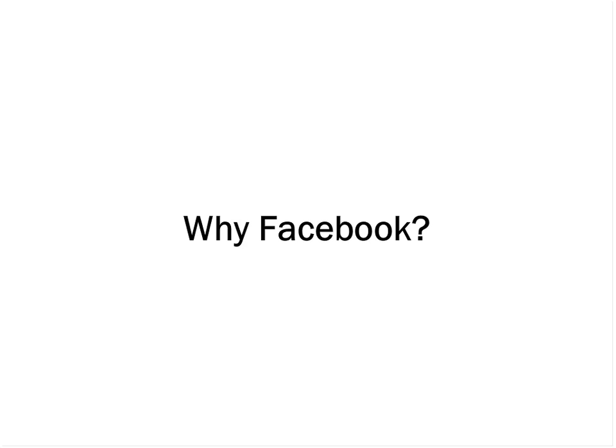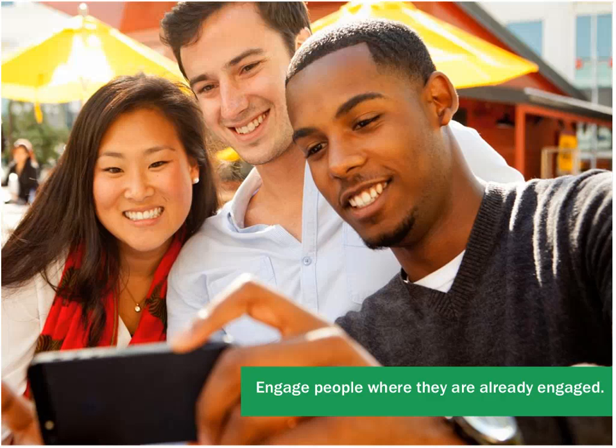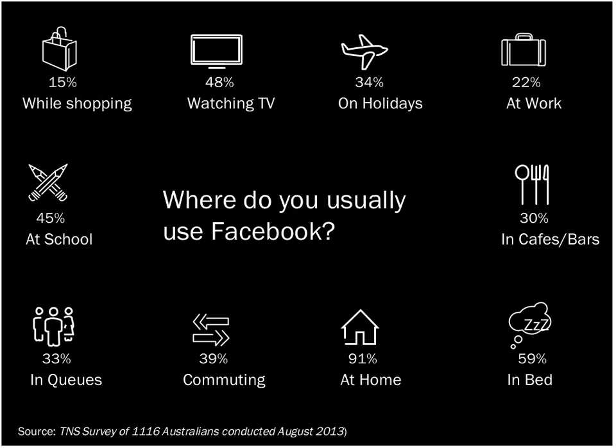So first of all, advertising strategy. So let's start with the really fundamental question, why would you do Facebook advertising? The really fundamental first place to start is engage people where they are already engaged. People are spending massive amounts of time on Facebook, as you would know. Where do you usually use Facebook? Some of these things are quite surprising. 15% of people are using Facebook while they're shopping.